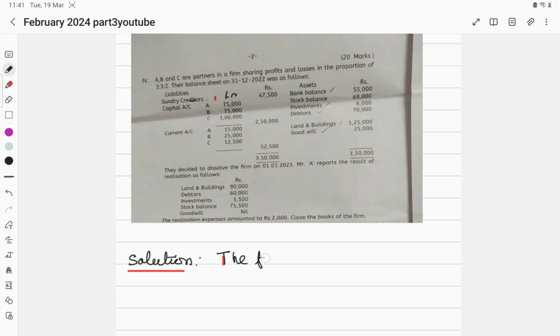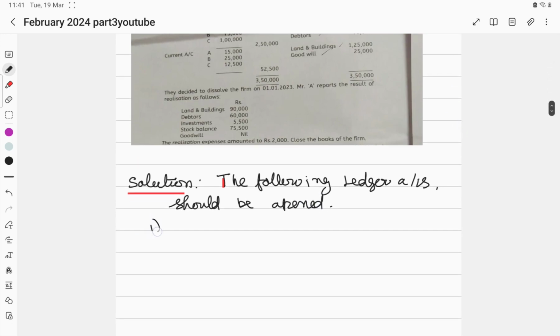The following ledger accounts should be opened. One, realization account.